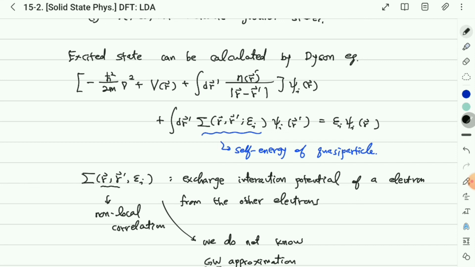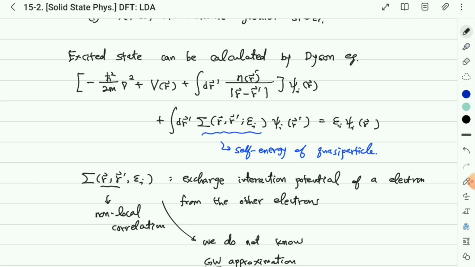Therefore, the GW approximation can make this kind of self-energy term, and with the Coulomb potential and the exchange potential, we can calculate this Dyson equation.